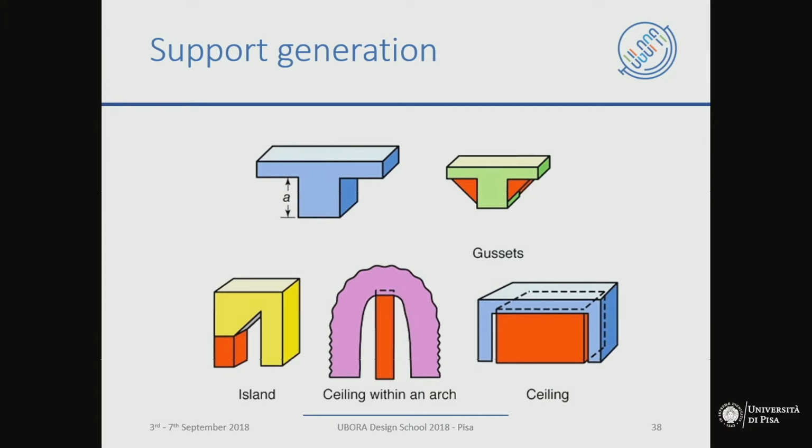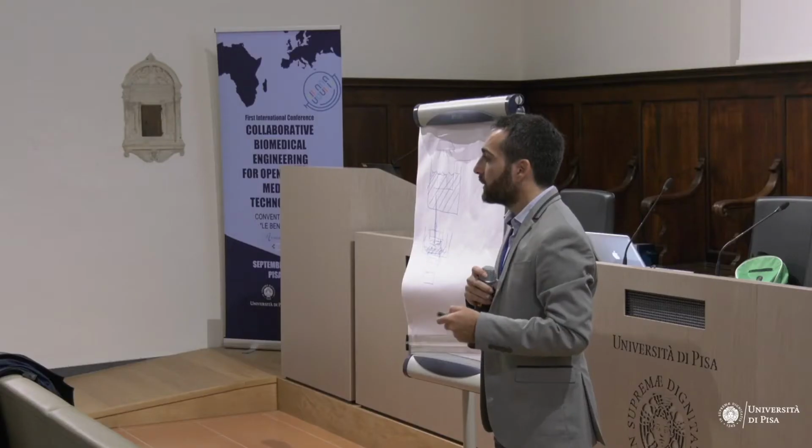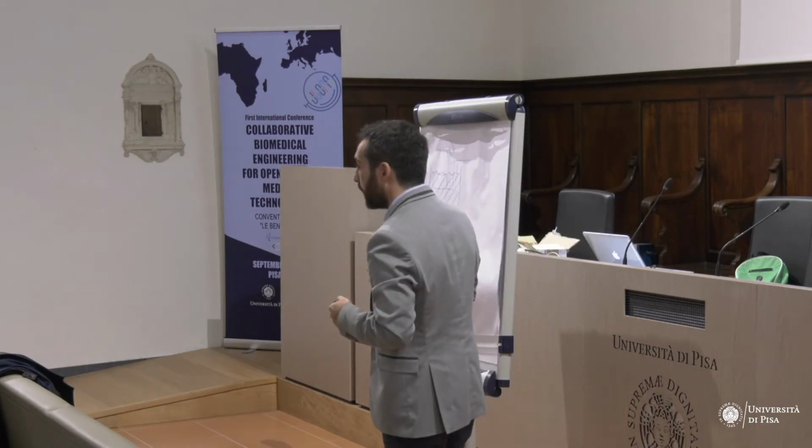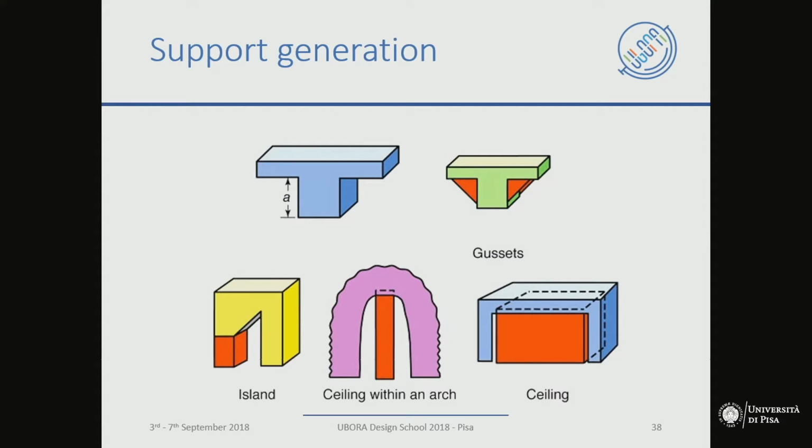You need to sustain overhangs, so parts of the object that are not so stable during the printing process. Or, perhaps more important, the parts that are separated from the base during the printing process.